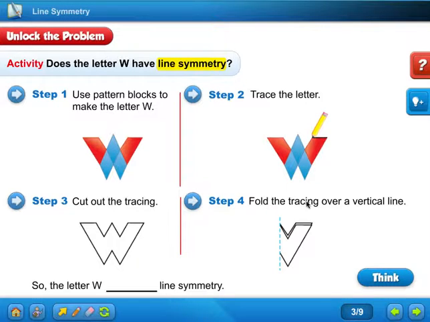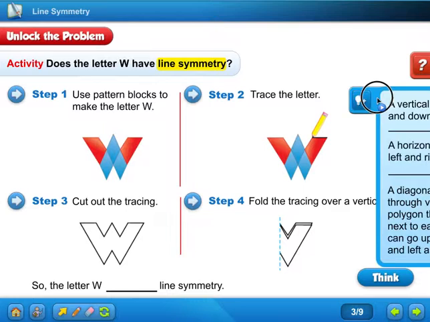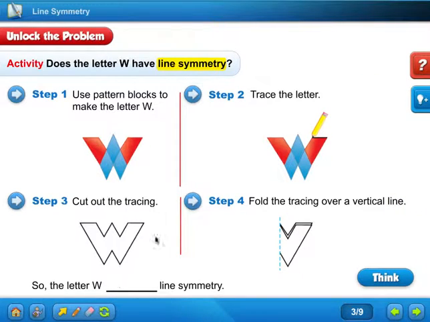Step 4, fold the tracing over the vertical line. Remember, the vertical line was the one that goes up and down. If you fold it, and hopefully you cut it and traced it really well, it's exactly the same. So what you had on the right side is the same as what you had on the left side.